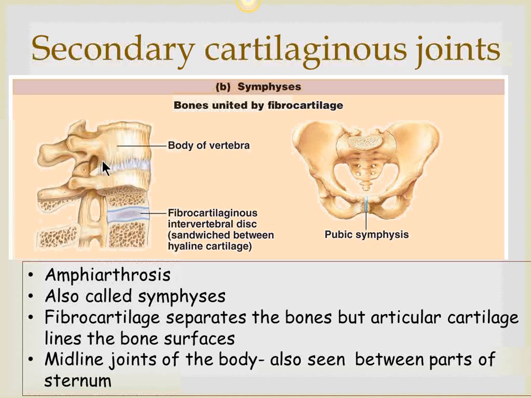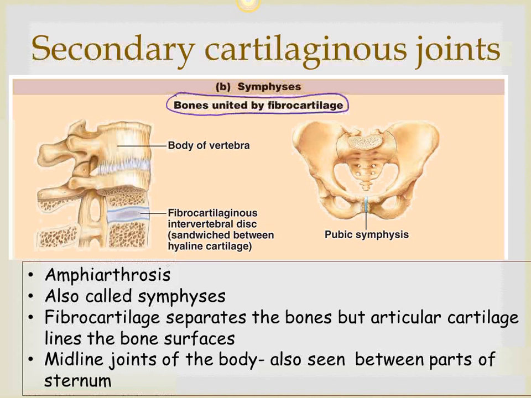Let's look at the next type of joint, which is a secondary cartilaginous joint. And again, looking at your PowerPoint tells you all the answers. Look here, bones here are united by fibrocartilage. Such joints, if you remember, I told you they are partially movable.